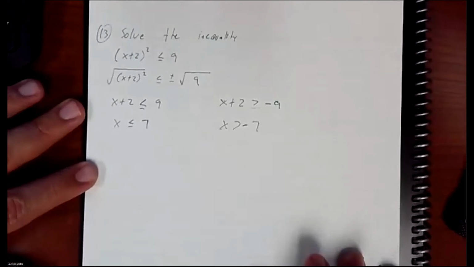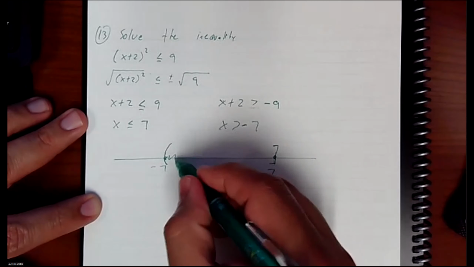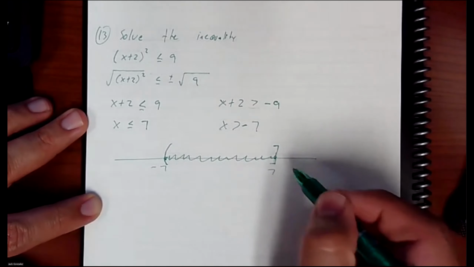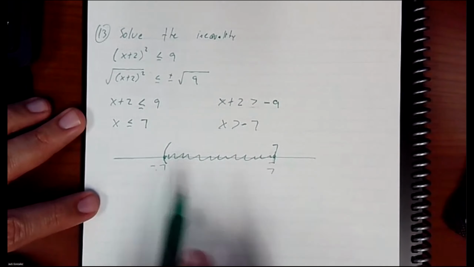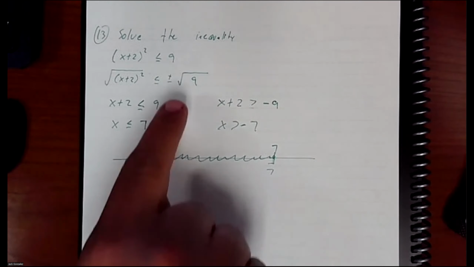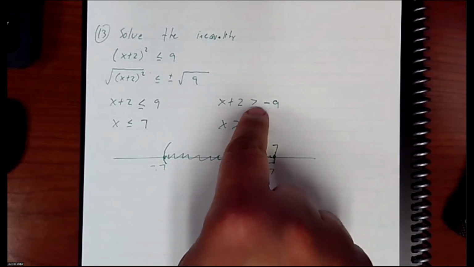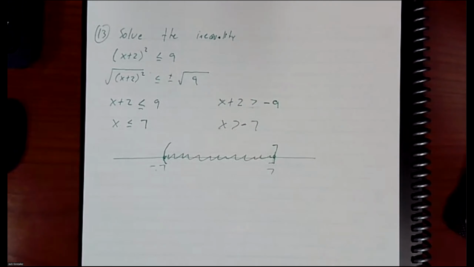If it's less than or equal to 7, I'm going to include a bracket here all the way until -7, but I put a parentheses there. So everything in the middle is great. The only one I cannot include is -7. And of course, everything outside would not be included. So whenever you square root, it creates a plus or minus, and the minus will flip direction for that part. Does that make sense?